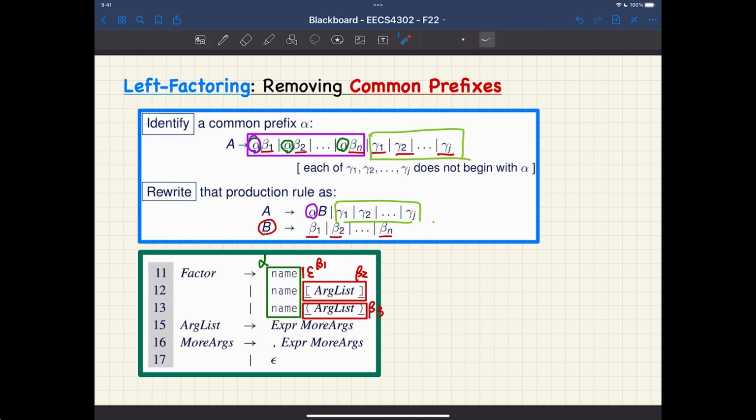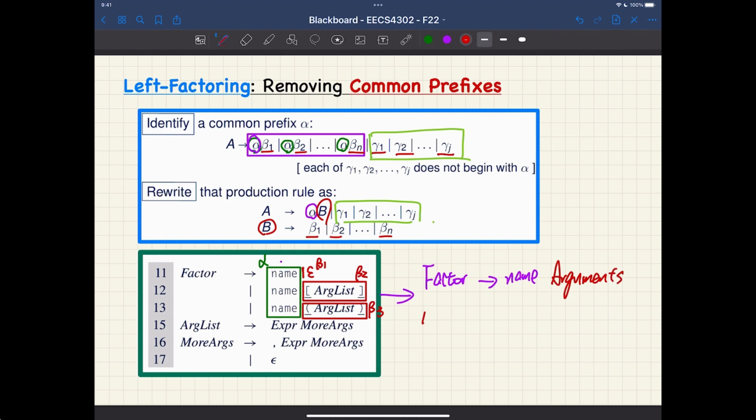Now, how do we turn that into something that doesn't have the common prefix? According to the rule, we start with the common prefix first, name. And we create some new variable, maybe arguments. That's what you will see on the slides.